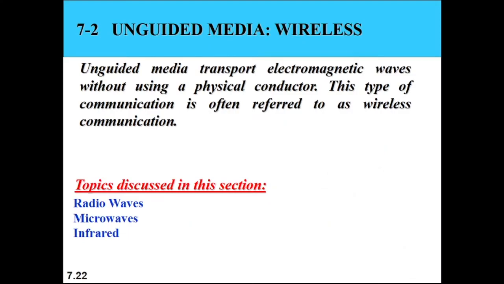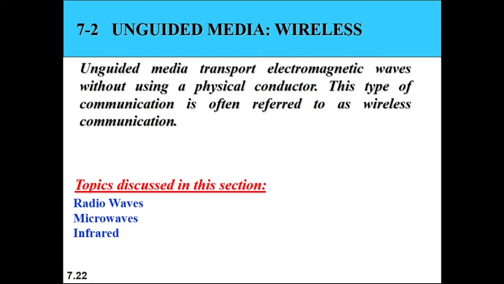Today we will discuss unguided media, that is wireless media. We have already studied the guided media. We knew that guided media can provide much more protection over the signal. When a signal is passing through the channel, different types of noise can affect the signals.